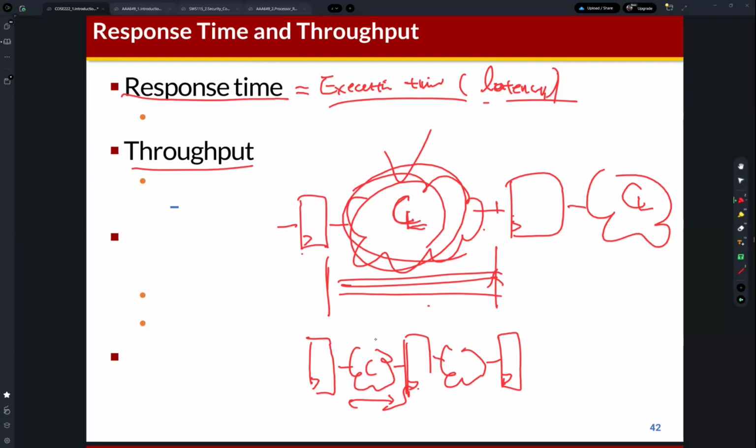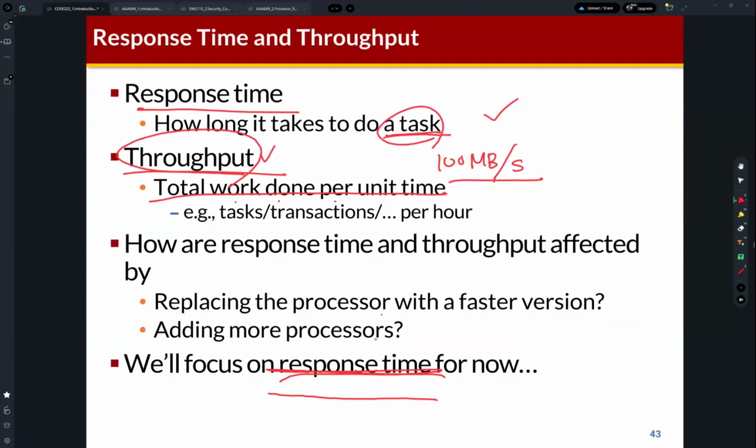We can also call the response time latency. So usually we use these two performance metrics, latency and throughput.